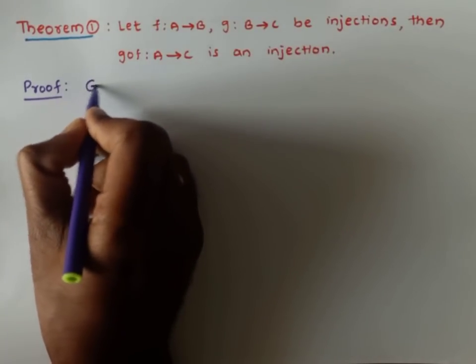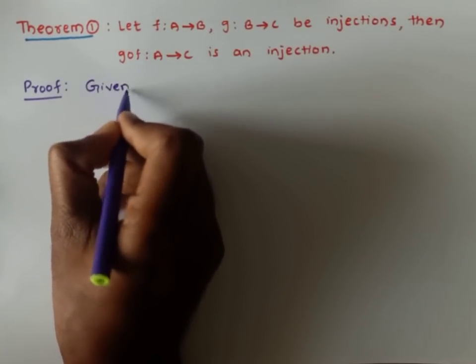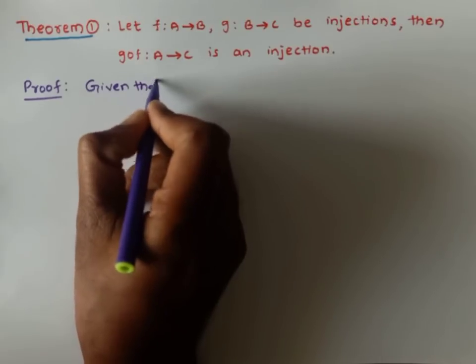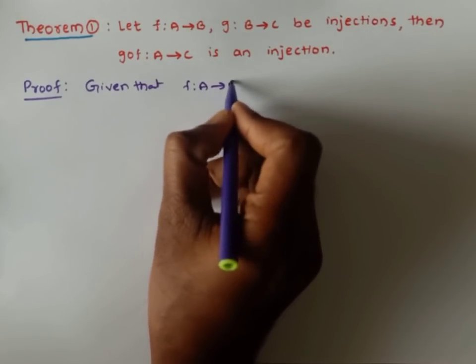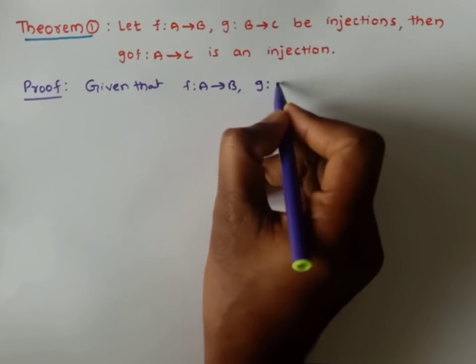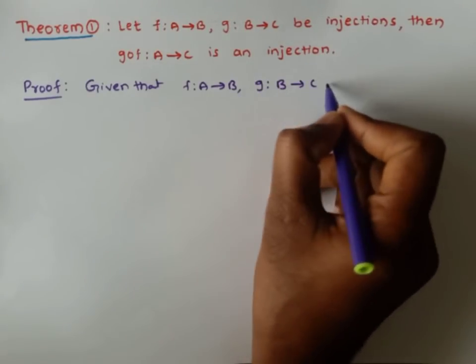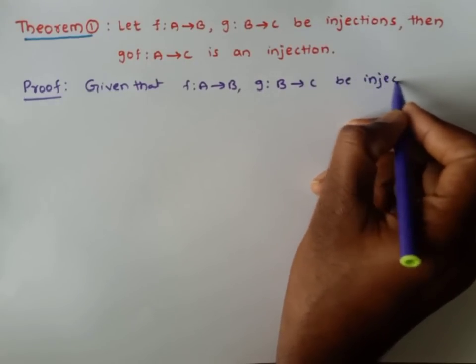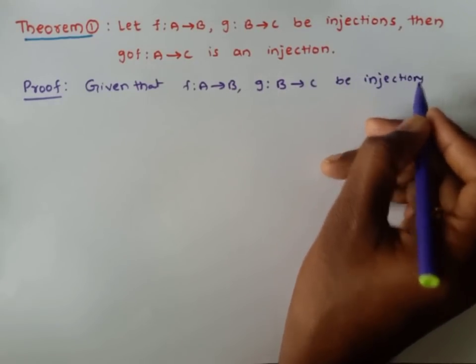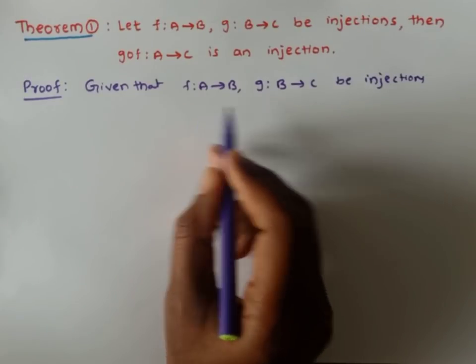Here, what is given from the hypothesis: f from A to B and g from B to C are injections. If possible, you can write the definition of a one-one function here for f and g.